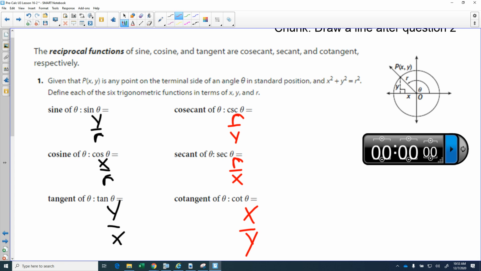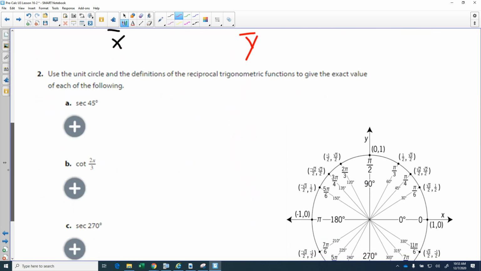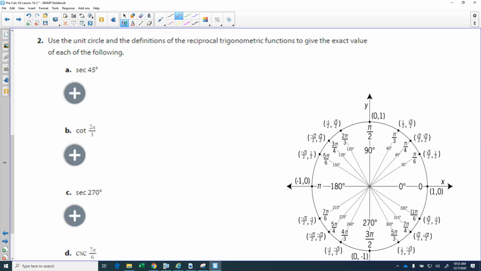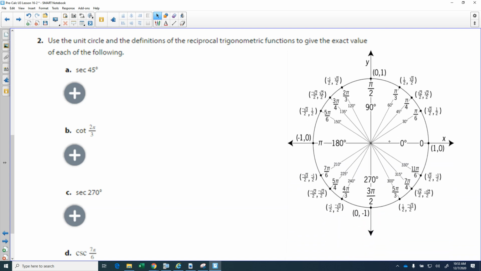So each of these values is the same exact concept. It's just the reciprocal version of itself. That's why understanding the radius and which values go with which is so important. Let's talk about how this actually works. Knowing that we can find sine, cosine, tangent on the unit circle, we can solve for cosecant, secant, and cotangent.